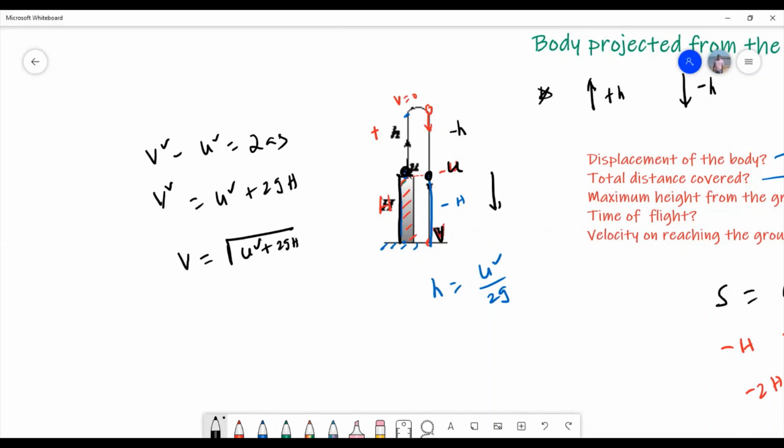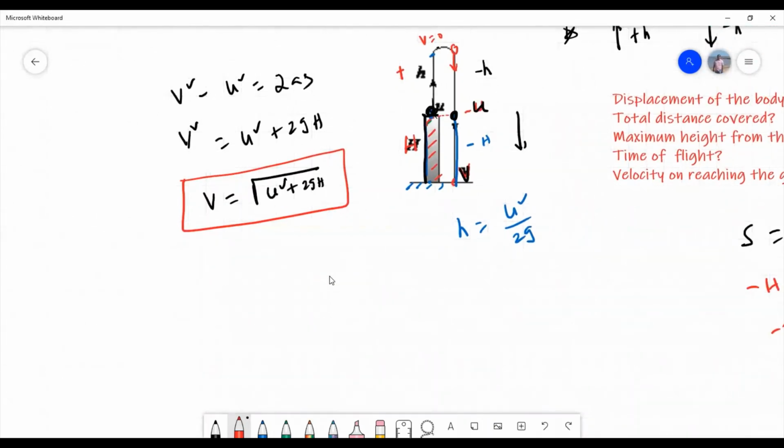Remember, some students may wonder why I'm not taking minus h. Minus h is only for calculating total displacement. Here we use the distance, which is positive only. So this is the final velocity of the body projected from the top of a tower. Now, I told you about the time of ascent that the velocity v will be greater than u, because it is u square plus some value.